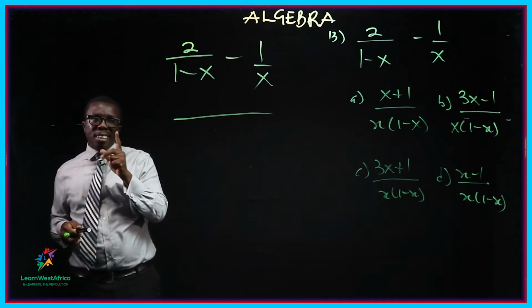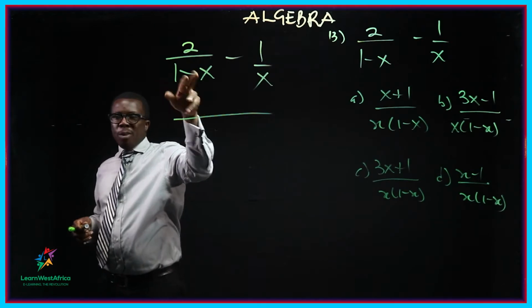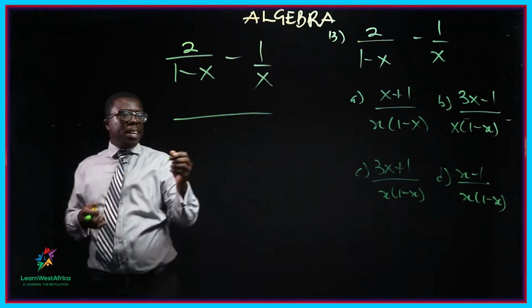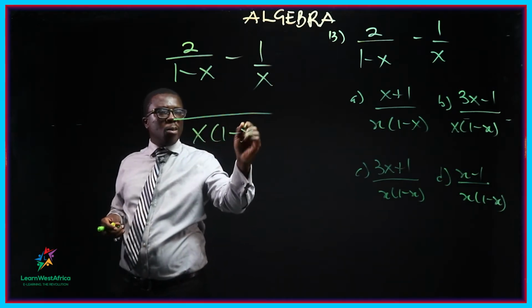We have one term with 1 minus x and another with x, so the LCM is x into bracket 1 minus x.